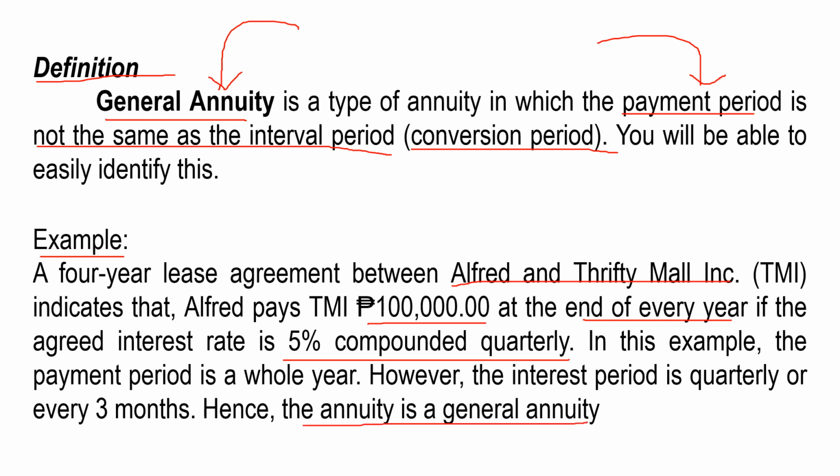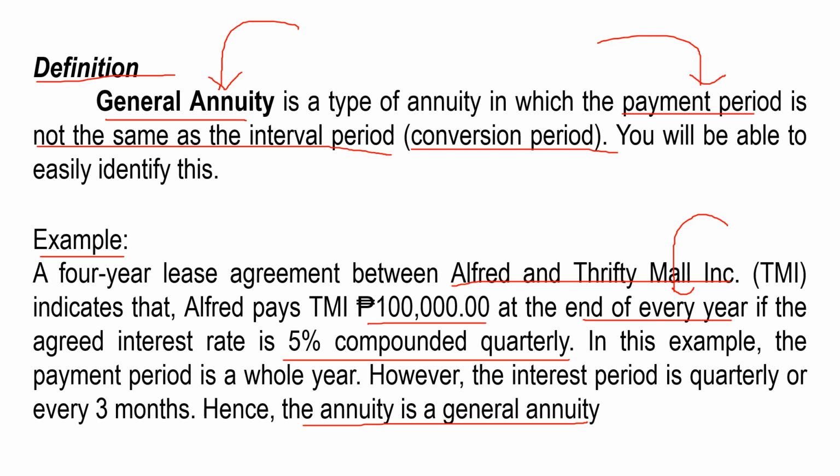Why? Because the payment period is every year. But again, the compounding period, or the interval period, or the conversion period, is quarterly, meaning the interest period is every 3 months. So there are 4 sets of 3 months in every year.